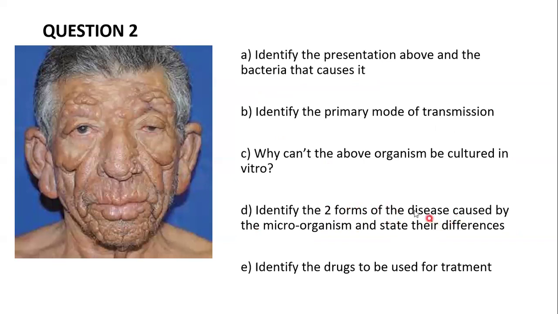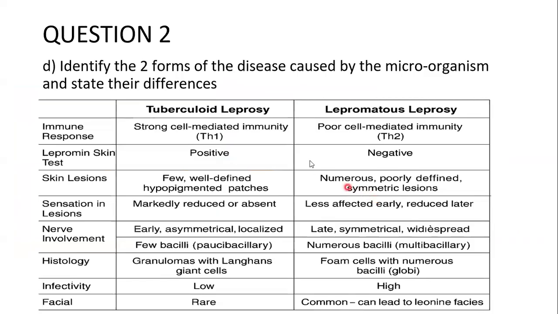Then state their differences. So I had a table here. This is a very good table. It is very, very important because it can be presented in MCQs, SAQs, and even an essay where you're told to compare and contrast the two forms of leprosy. Now, we have tuberculoid and lepromatous.